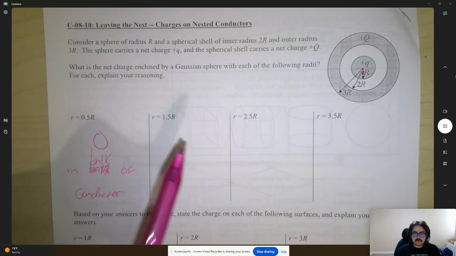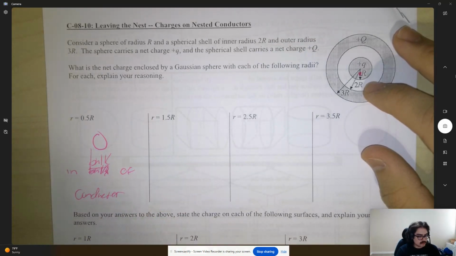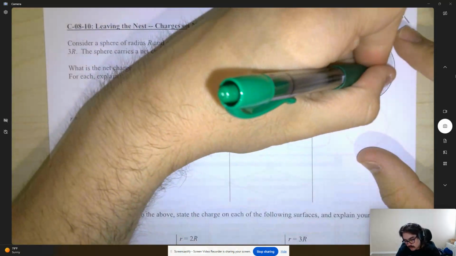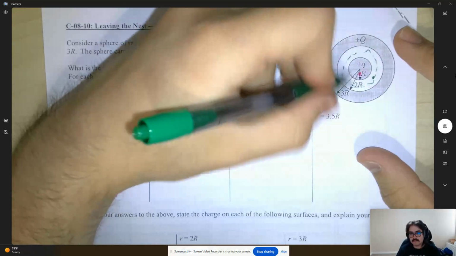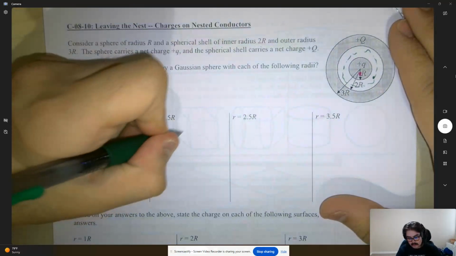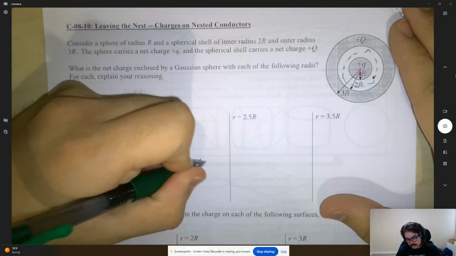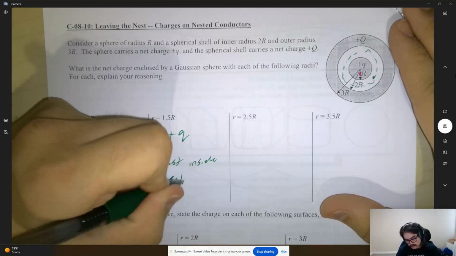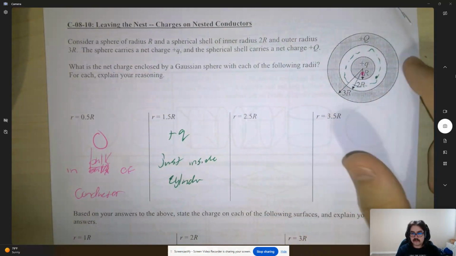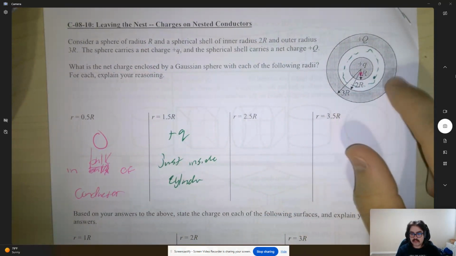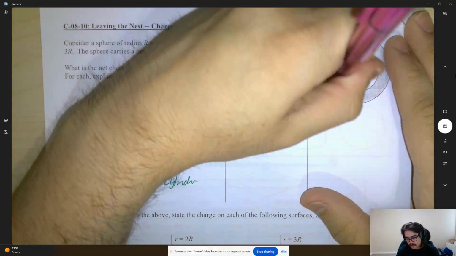R is equal to 1.5 R, so that's going to be right in the middle of the two conductors. The enclosed charge of something out here is going to just be the positive q that's on the inside cylinder. 2.5 R is going to be between 2 and 3, which is actually going to be, again, in the middle of a conductor.